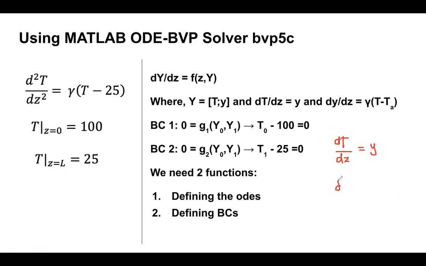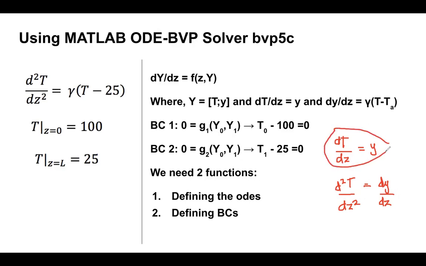So d square T by dz square is equal to dy by dz.